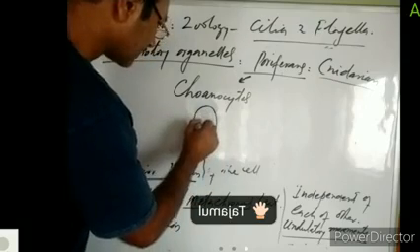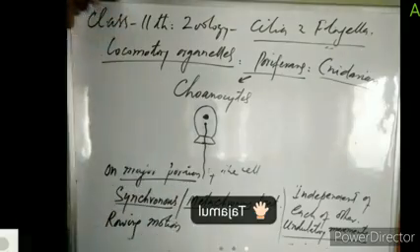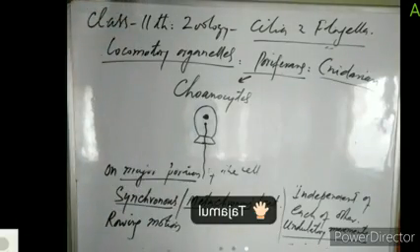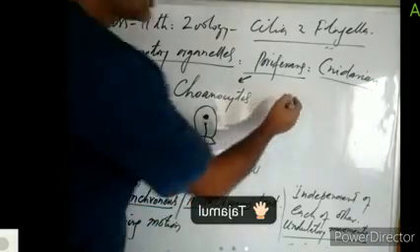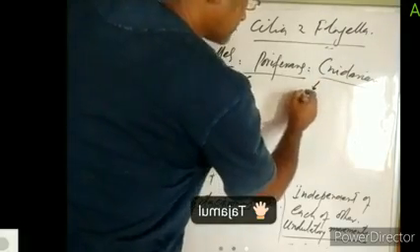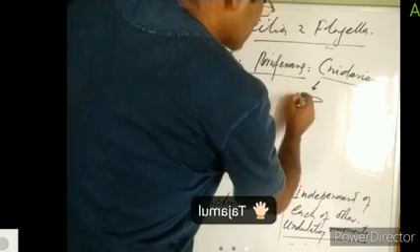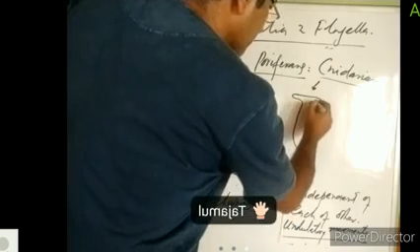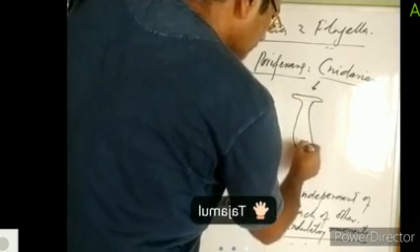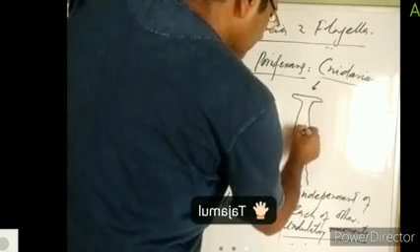This is a choanocyte. Similarly, in cnidarians, there are flagellated gastrodermal cells. In cnidarians, there are some gastrodermal cells which have flagella. So this is a flagellated gastrodermal cell.